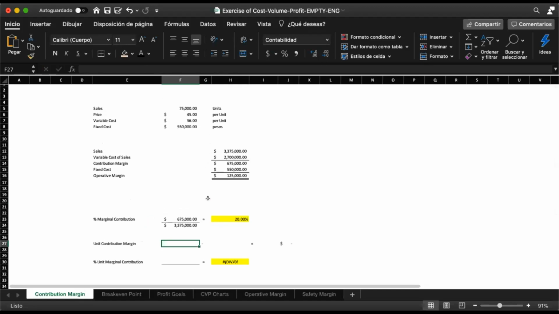It's unit, not units. Unit contribution margin. How do you get it?